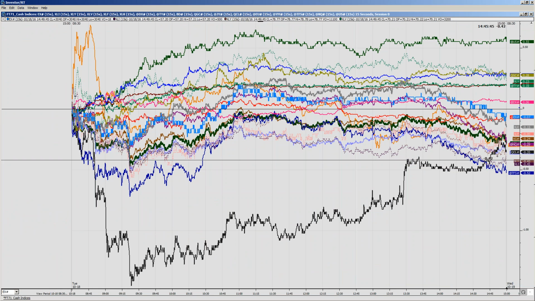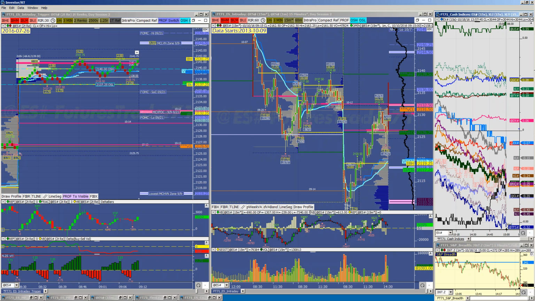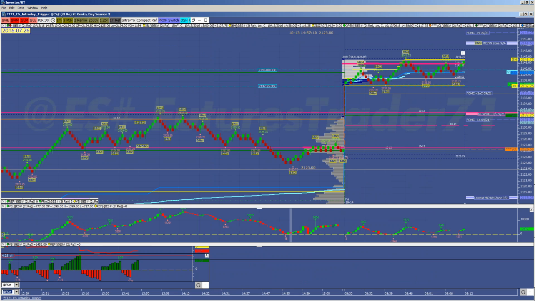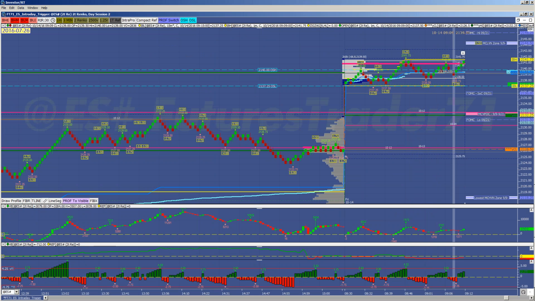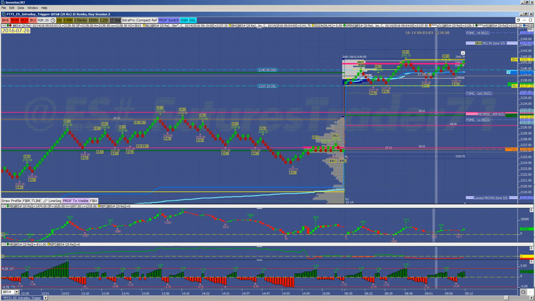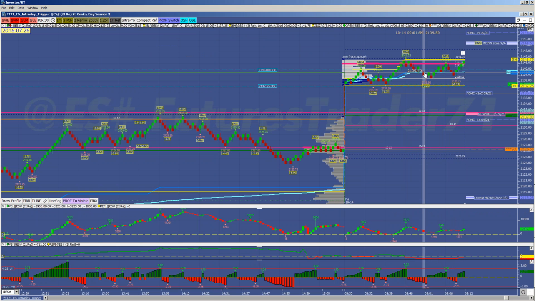But this chart tells me which products or which other futures contracts are in control and which way they're pushing. And so here, what I have at this point in time is the potential for hypo 2 or 3.